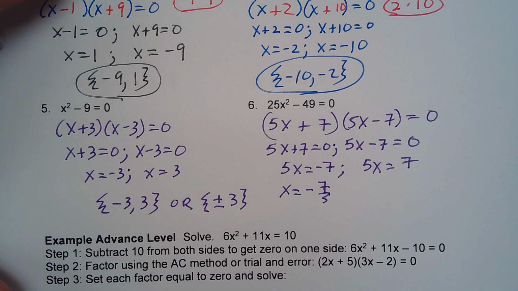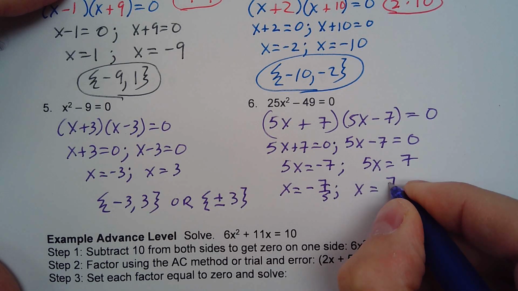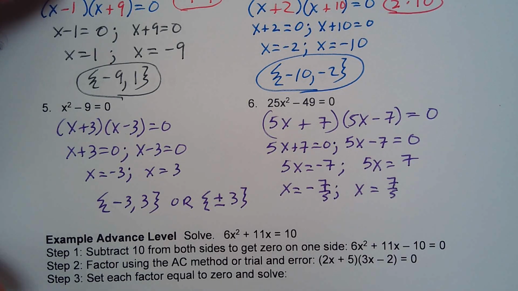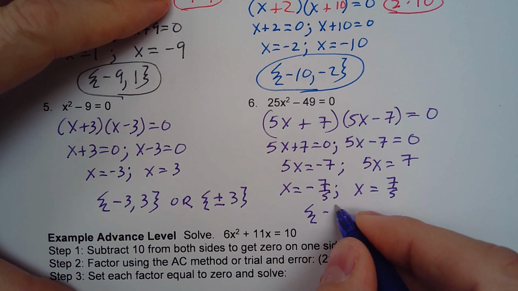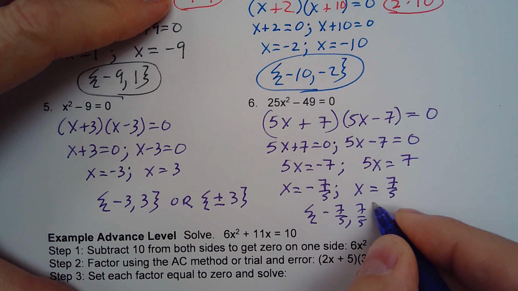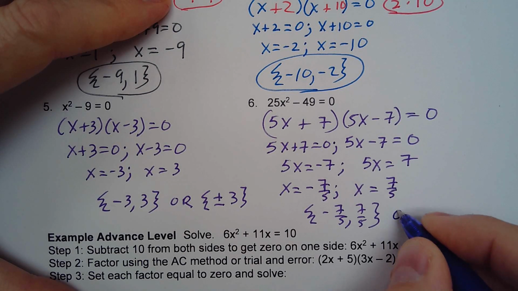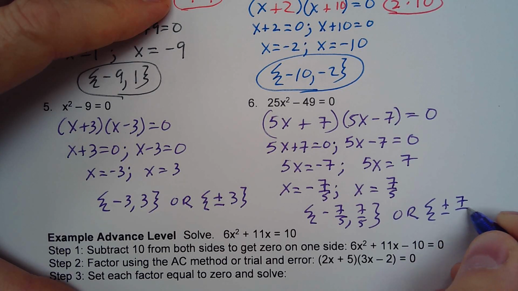And then divide by 5. So that would give us our two answers. Or again, you can use that more compact notation.